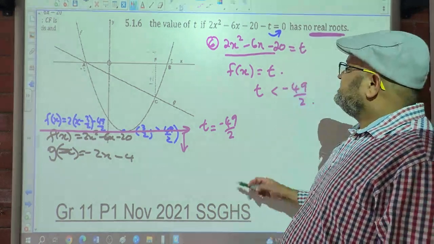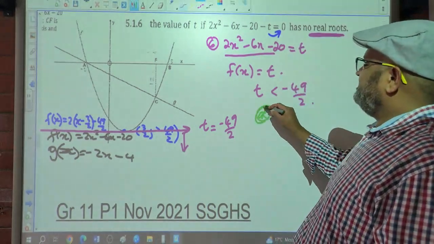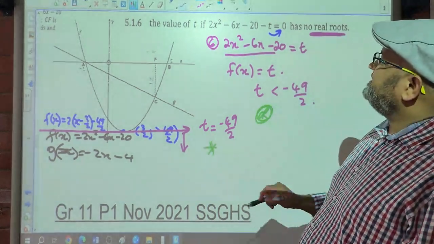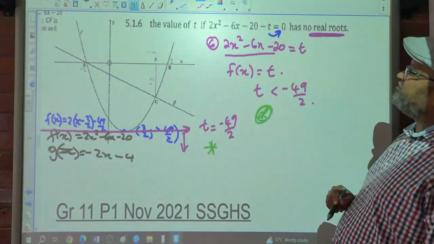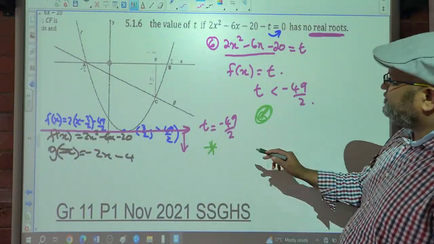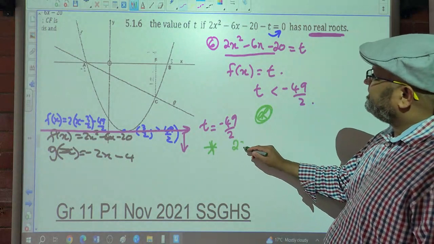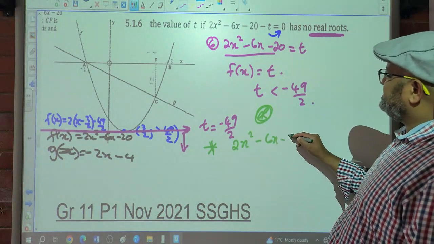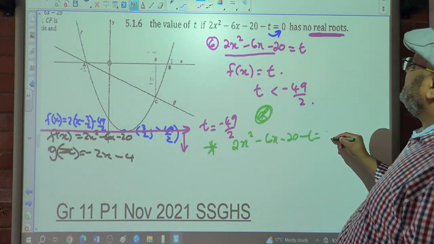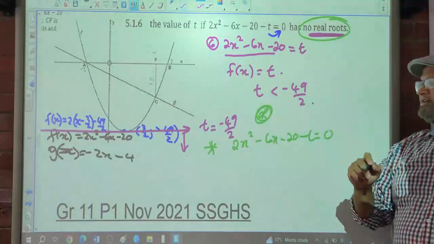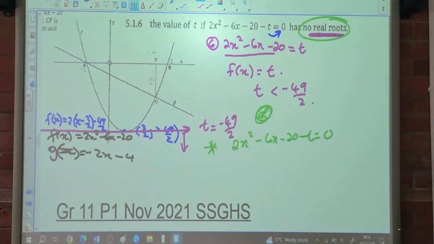Or you could have said: determine the value of t if 2x squared minus 6x minus 20 minus t is equal to 0 has no real roots. So for no real roots, delta has to be less than 0, not so.